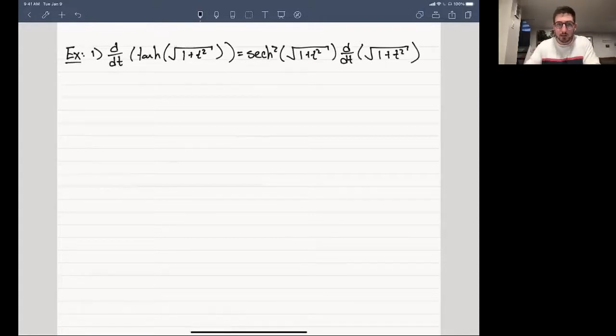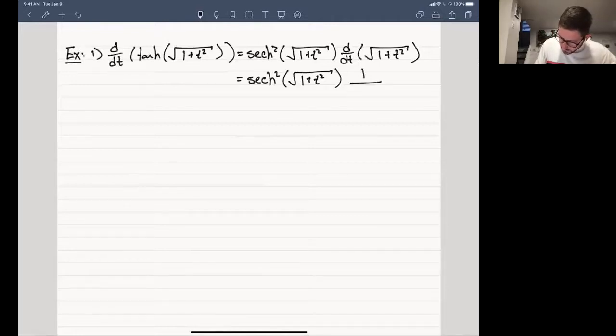Again, this can be thought of as a chain rule application. So here we get 1 over 2 times the square root of 1 plus t squared, multiplied by the derivative of 1 plus t squared, which in our case is going to be 2t. That's going to cancel the 2 that's down there.